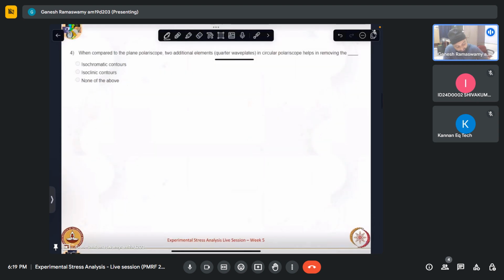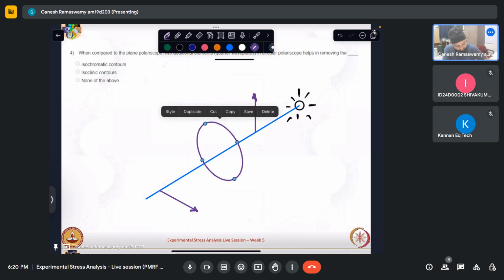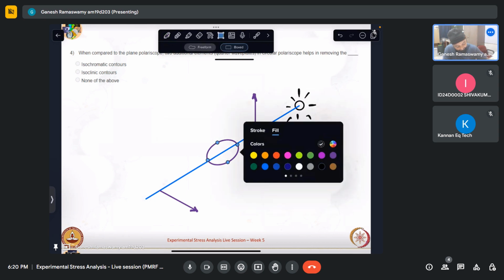So essentially, when we have a light source, and we have a polarizer, we have an analyzer, and then we have some model here that is stressed.